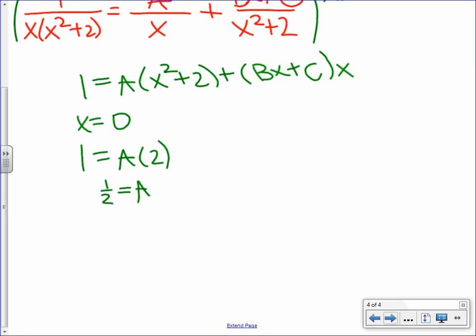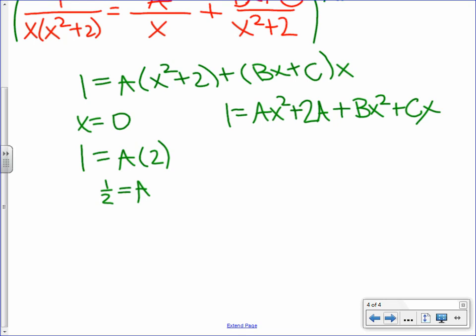Now what? Let's think about this. I have 2 equations that are equal, so whatever is over here needs to be over here.